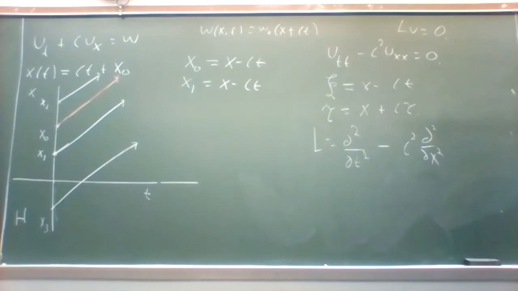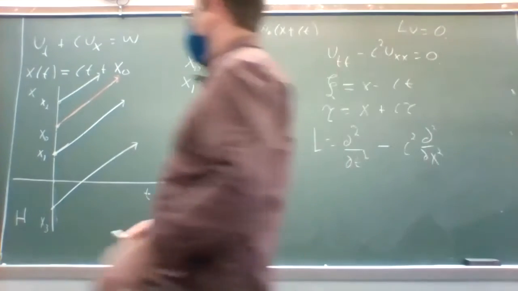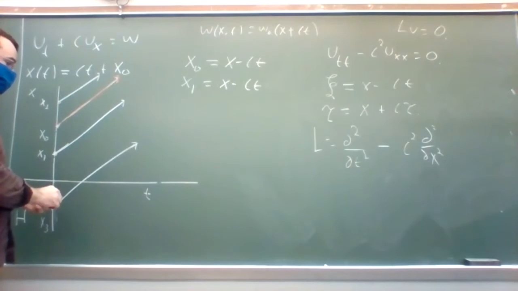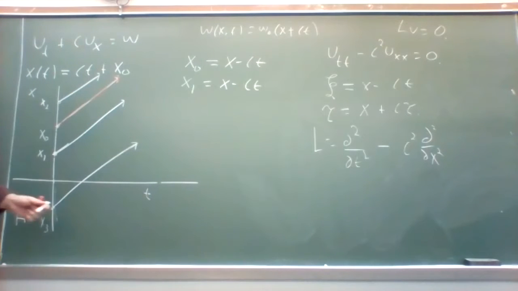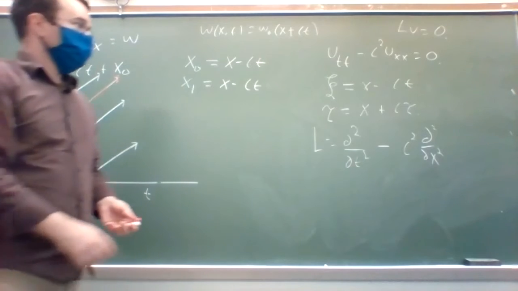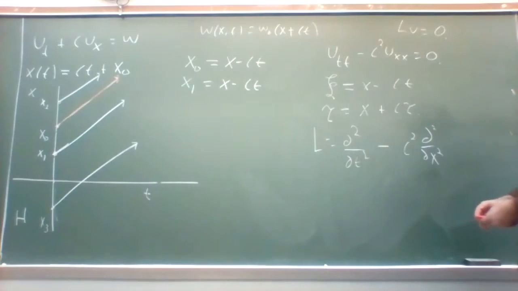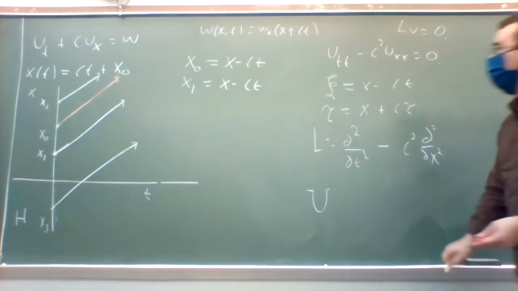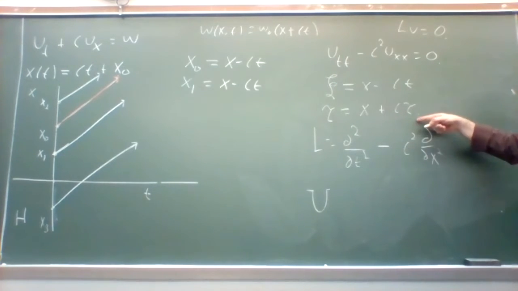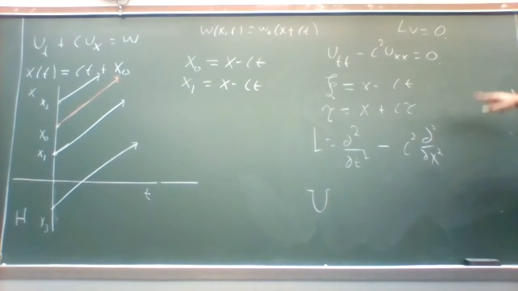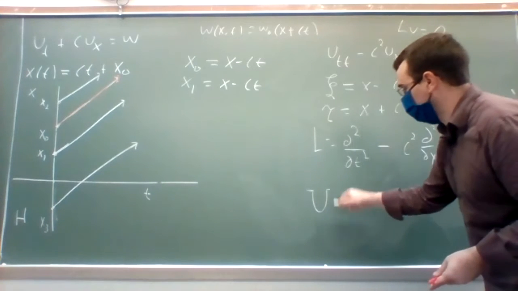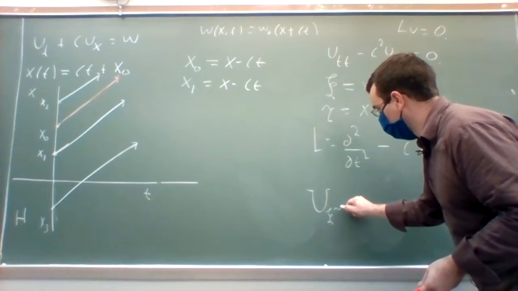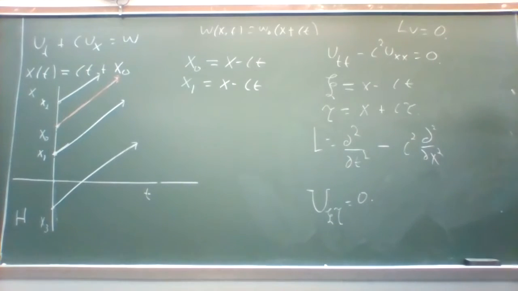But if you instead want to switch coordinates to these lines and those lines, then you will find that this operator becomes... so continuing to do this trick of writing capital U in the coordinates xi, tau, lowercase u in the coordinates t, x, this equation now becomes something like that.